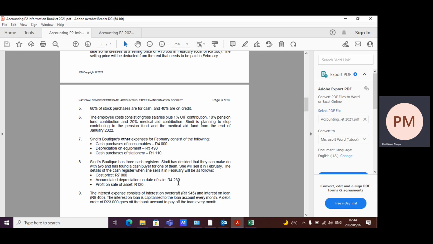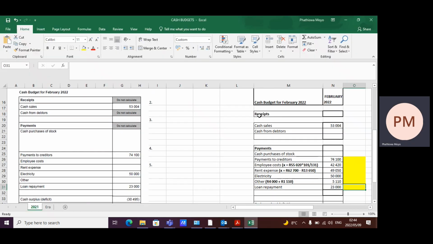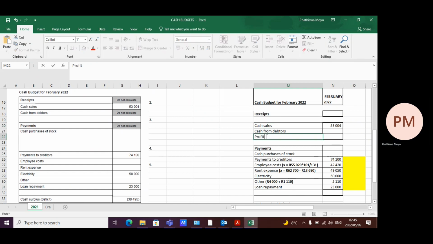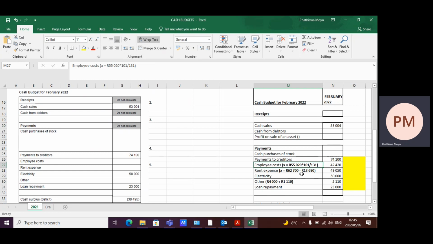Okay, so now this means we need to solve for x. Guys, we did asset disposal, so now we should work out the cash price.